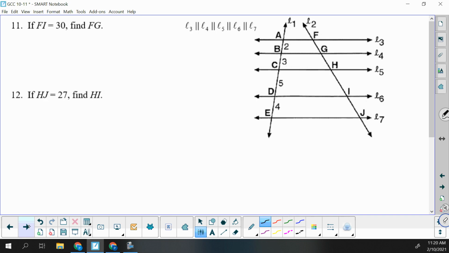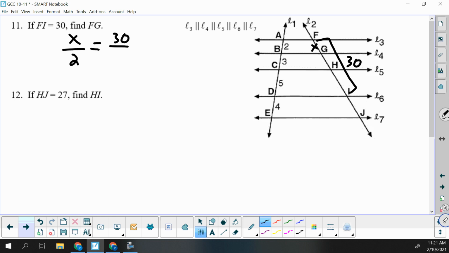11 and 12, we got a whole bunch of parallel lines, so we'll do some side splitter. They tell us FI is 30. So here to here is 30. And we want to find FG, so we'll call that X. So let's start with the X. That matches with 2. Then we'll take the 30 they told us.